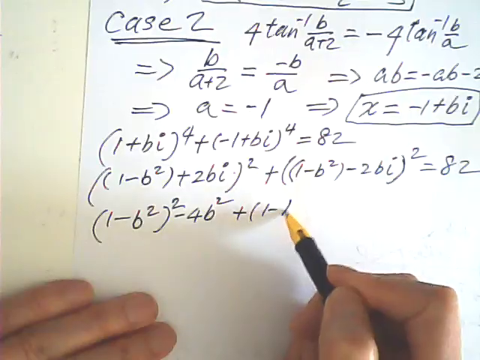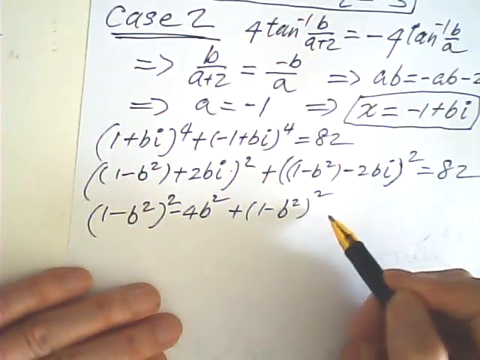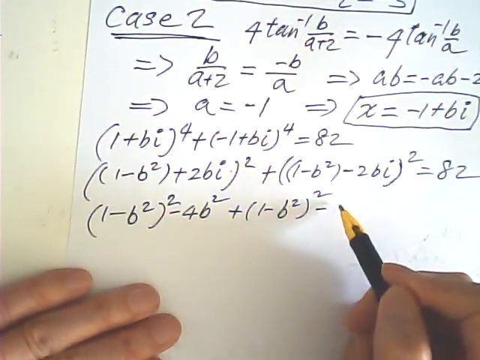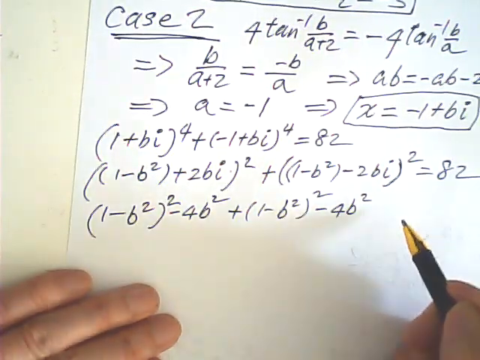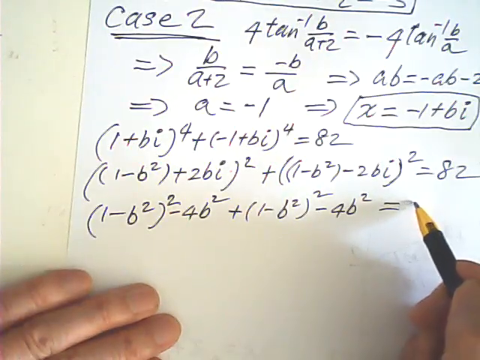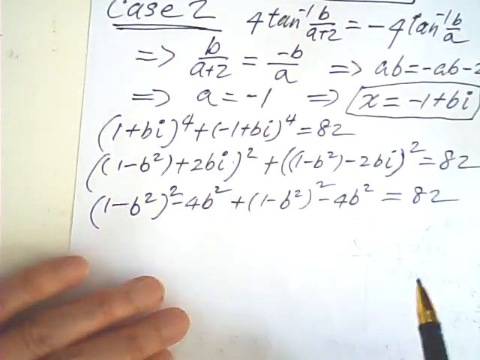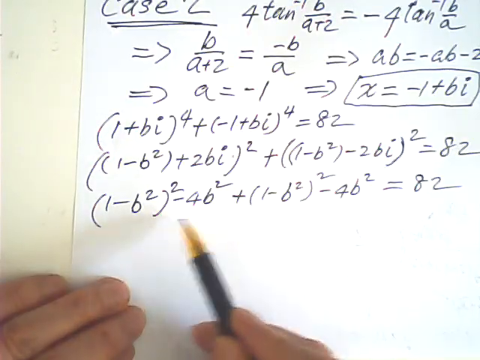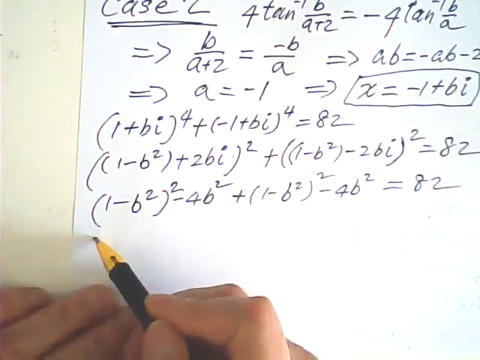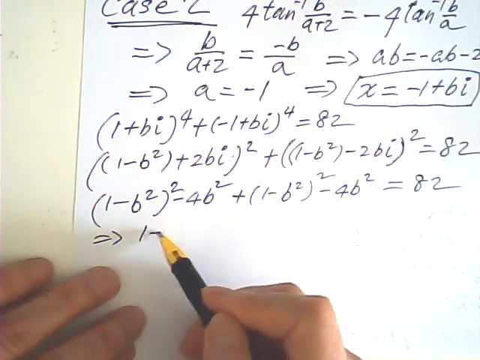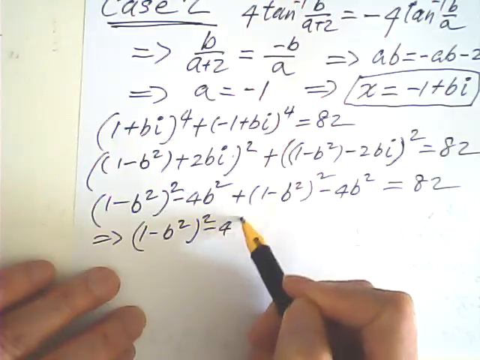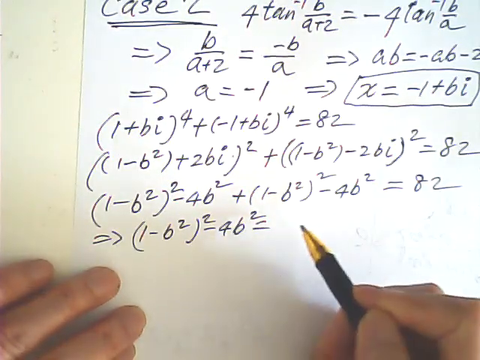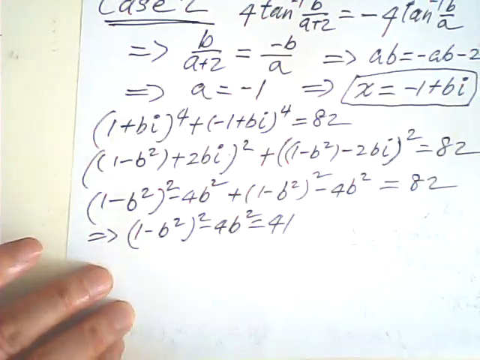Plus 1 minus b square squared, minus 4b square, is equal to 82. So which means that 1 minus b square squared minus 4b square is equal to 41.